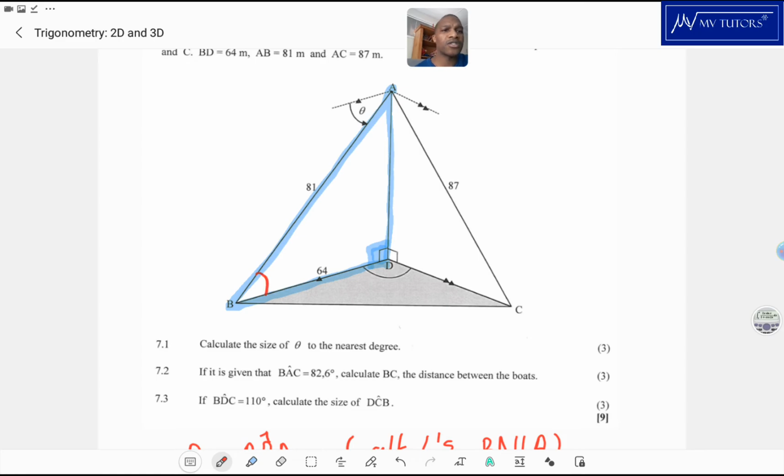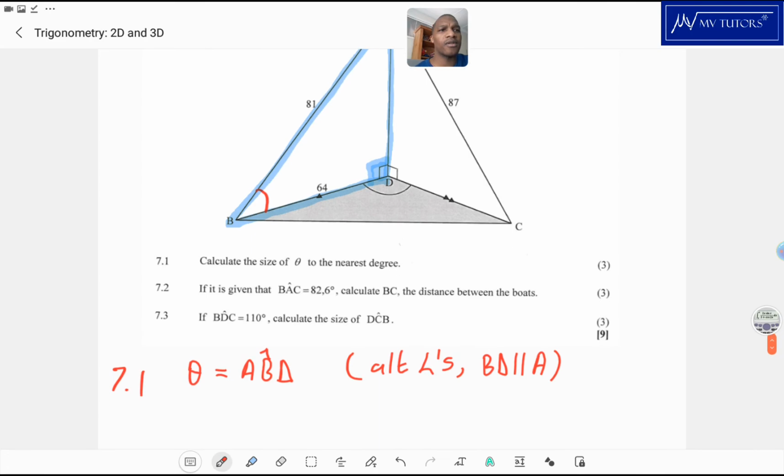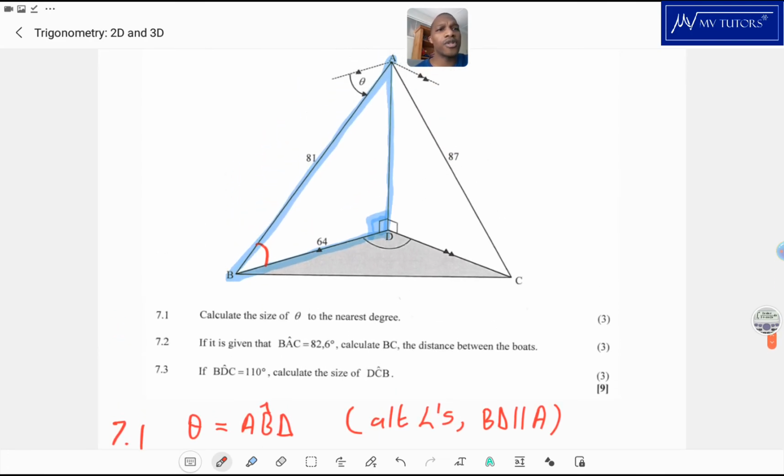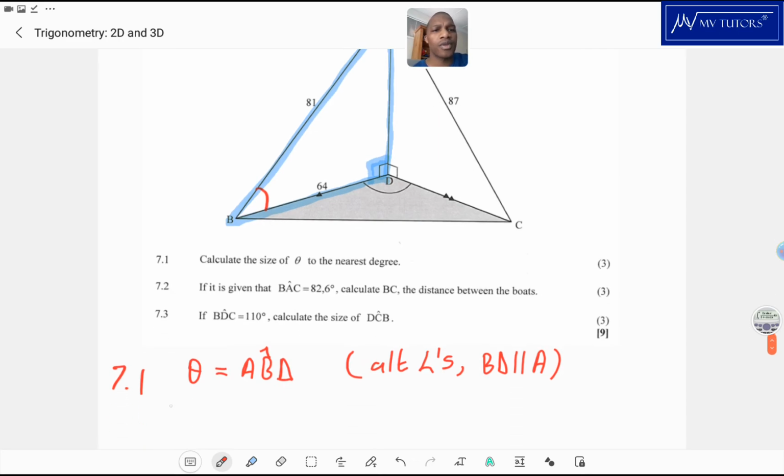But since we're solving an angle, we can use the simple rules. We can use SOHCAHTOA. Let me just write SOHCAHTOA first. Now what do we have here? This is our angle theta.